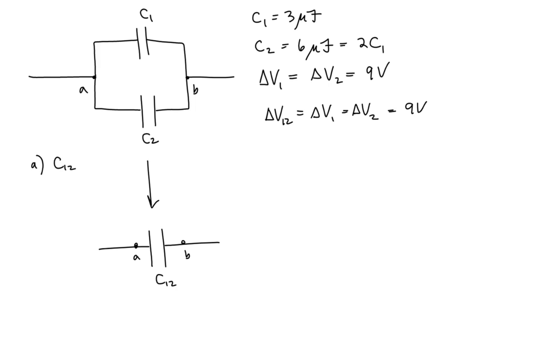We also know that the charge on the equivalent capacitor is equal to the sum of the charges of the individual capacitors. We also know that the equivalent capacitance is equal to the sum of the individual capacitances of our capacitors.